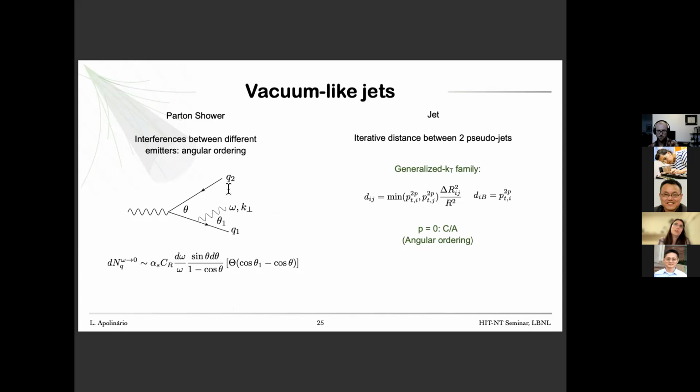This is, of course, at leading behavior, but we know that these emissions always happen at smaller and smaller angles. And when we look at the generalized kT family with p equals 0, this is just geometry. I cluster and uncluster particles by this geometric distance, which is again very similar to the angular ordering property that I have from vacuum QCD.